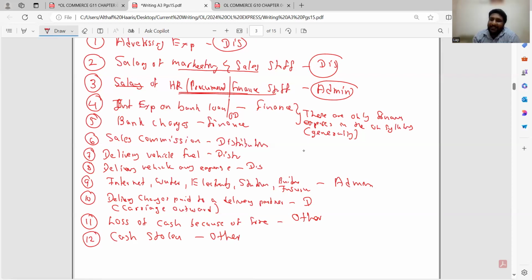Other expense. So in total, in the second part, how many main topics are there? 5. One is other income, and 4 types of expenses. What are the 4 types? Distribution, admin, other, finance. So altogether five.